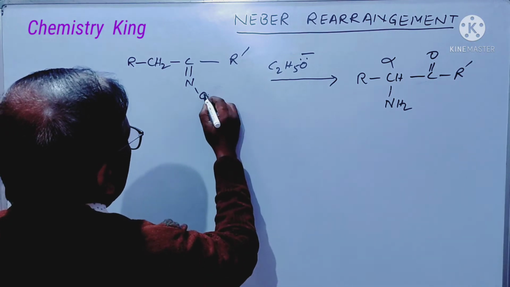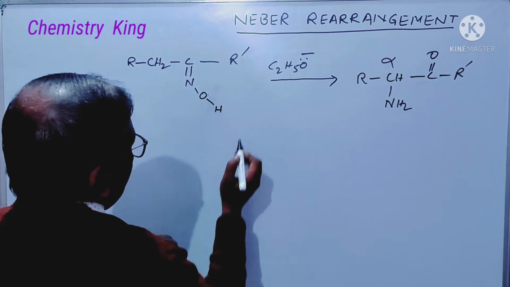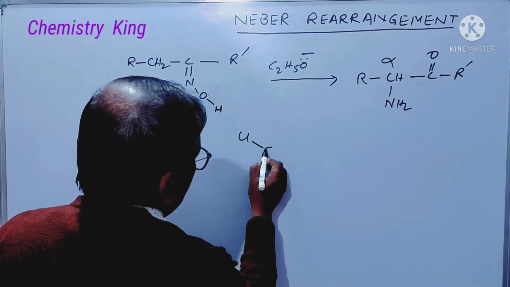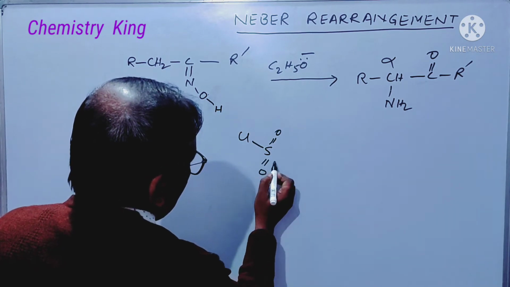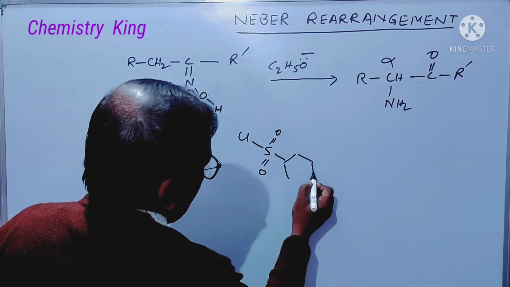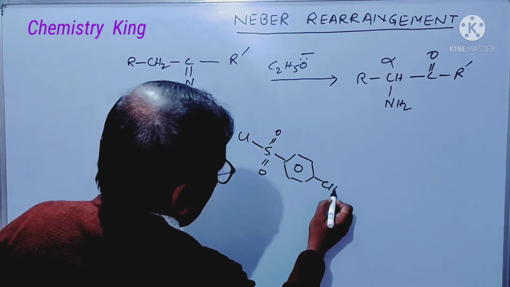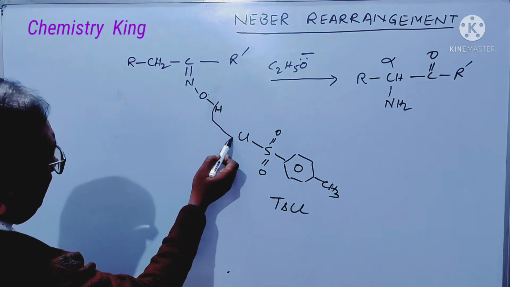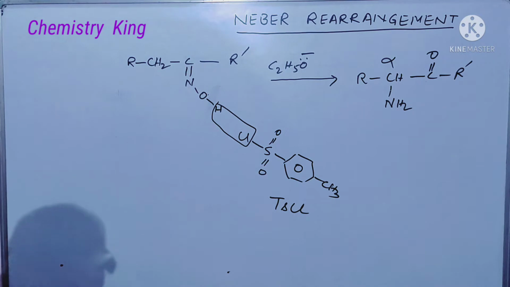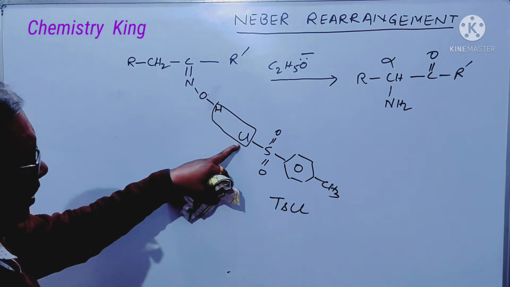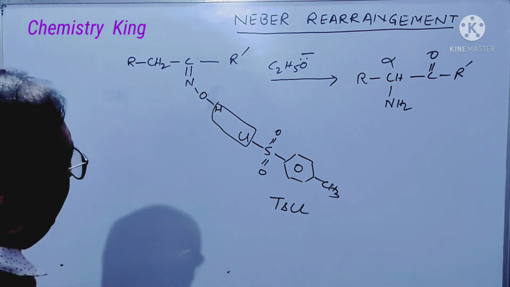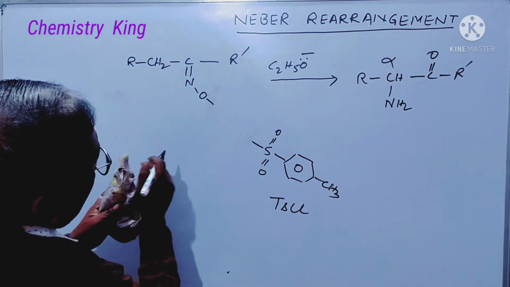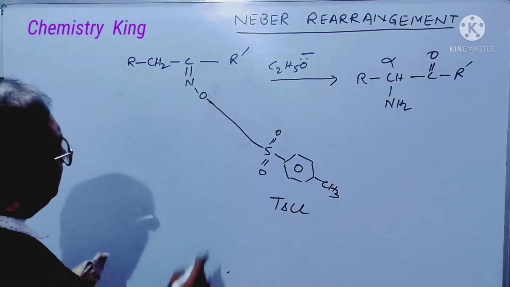Suppose it is the oxime OH and it is tosyl chloride, TsCl. Hydrogen of this oxime and chlorine of this tosyl chloride will react together, giving rise to this.